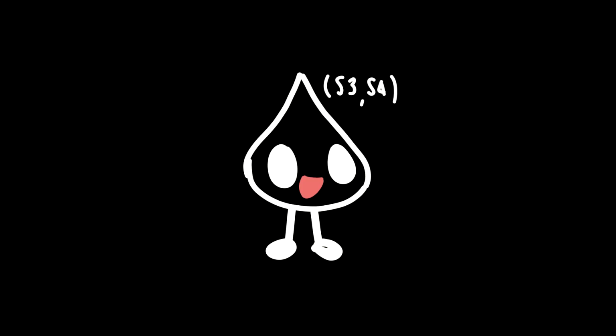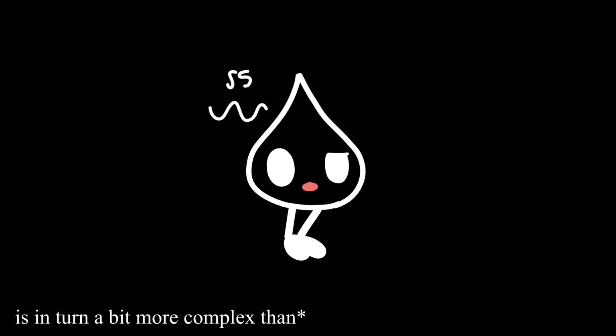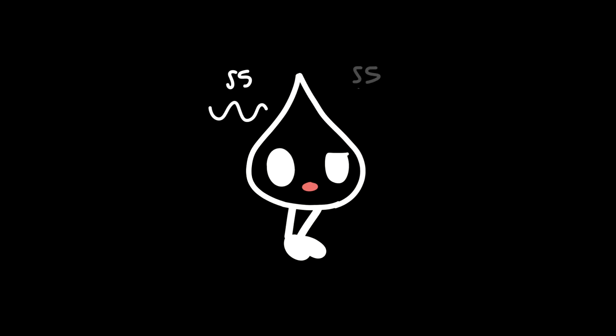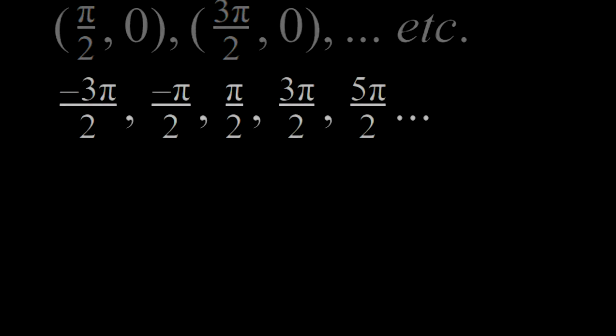Now we just do step 5 where we express 3 and 4 into a point. But in spite of the simplicity of step 3 and 4, step 5 is in turn a bit more complex than the step 5 of x cubed, x fourth, and e to the x. Compiling step 3 and 4 values, we get pi over 2, 0, 3 pi over 2, 0, and etc. To make the etc. explicit, we simply generalize the x part.